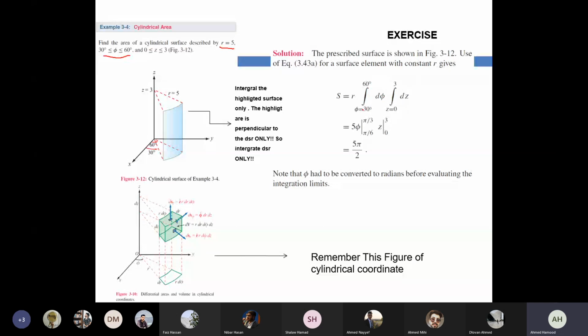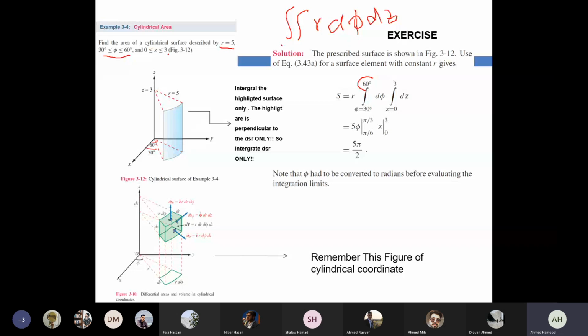Okay, so we have integrations, r d phi dz. The first is for the angle, so from angles you have from 30 to 60.